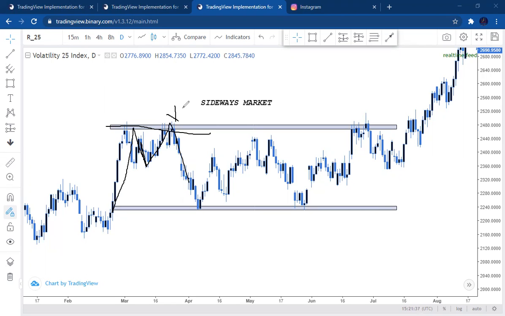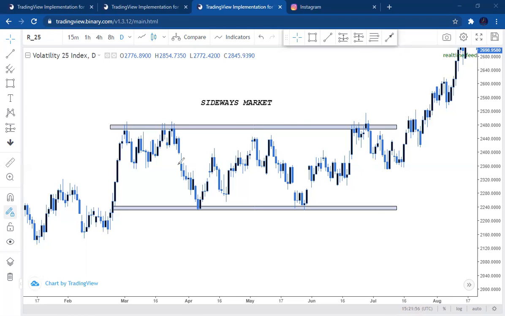Price is resisting, it's refusing to move further. So we call this point here a resistance point. The price is refusing to break out of this point.